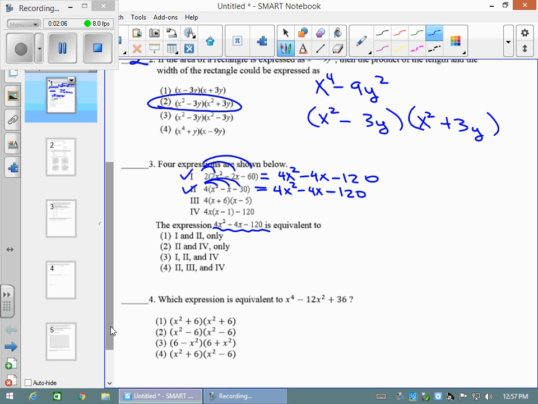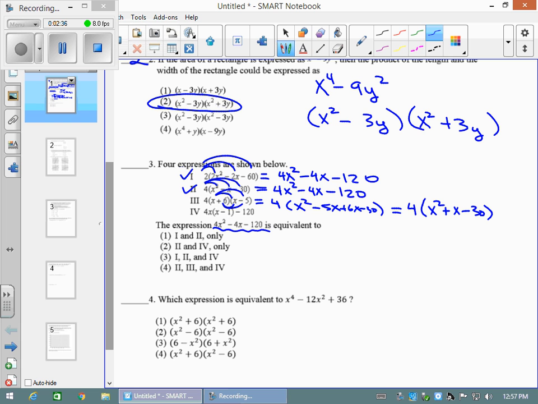For choice 3, I'm going to first multiply the x plus 6 times the x minus 5, and then distribute the 4. So if I did that, I would get 4, and in parentheses, I would have x times x is x squared. X times negative 5 is negative 5x. And then this would be 6x minus 30. So if you simplify that even more, if you distribute it, it would be 4 times x squared plus x minus 30.